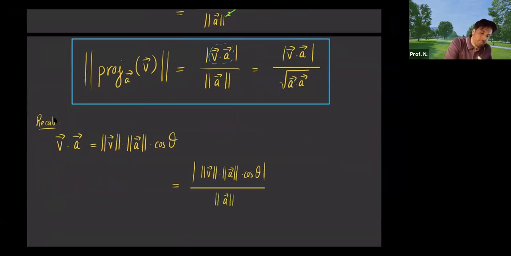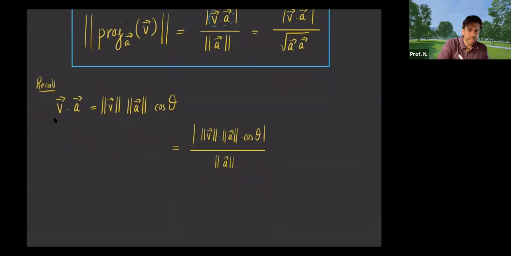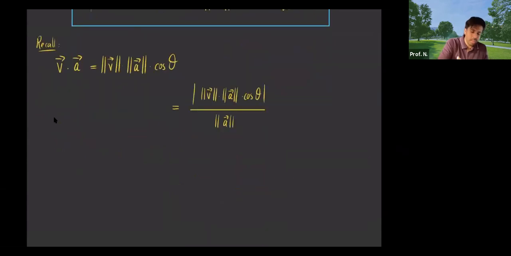All I'm doing is rewriting this in its equivalent form using the dot product. But the norm of V and the norm of A are never negative. So the absolute value of a non-negative number will still be non-negative. So I can rewrite this as the norm of V times the norm of A times the absolute value of cosine.